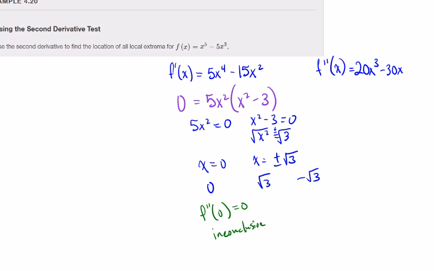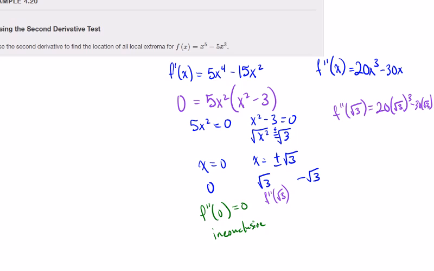Then we can find f double primed at positive root 3. Okay, so let's do a little math here. If I do f double primed at positive root 3, that would be 20 times root 3 cubed minus 30 times root 3. And you can plug that in your calculator, whatever you want to do.